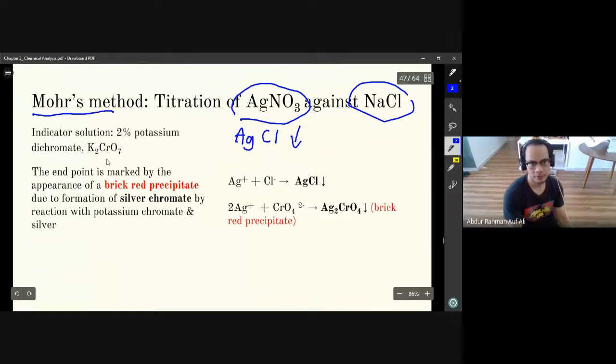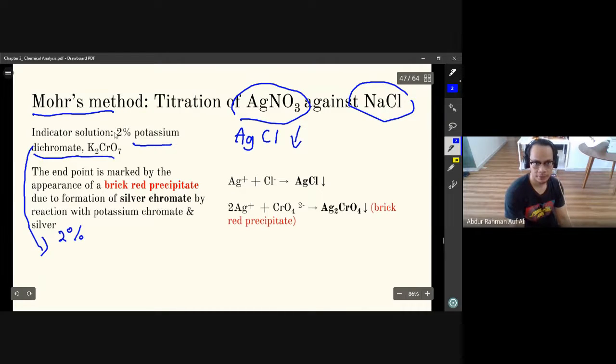So I wanna, this is a side note, kalau kamu masuk dalam makmal, what does 2% mean? So kalau kamu masuk dalam makmal, kamu nak prepare this indicator solution, you go to the store, wherever you store chemical, which you find potassium dichromate K2CrO7.